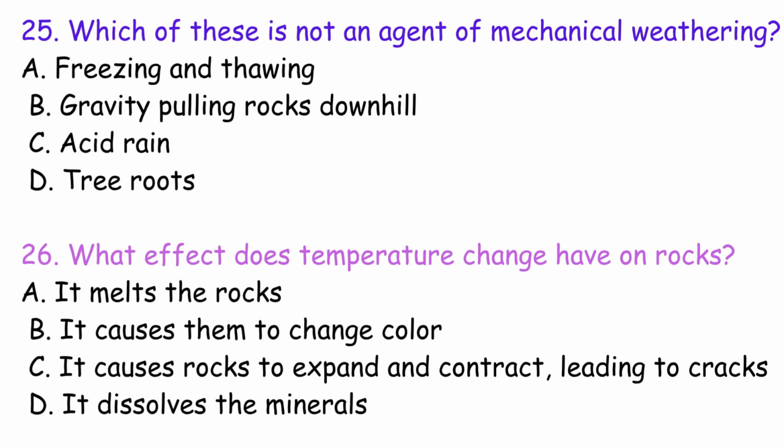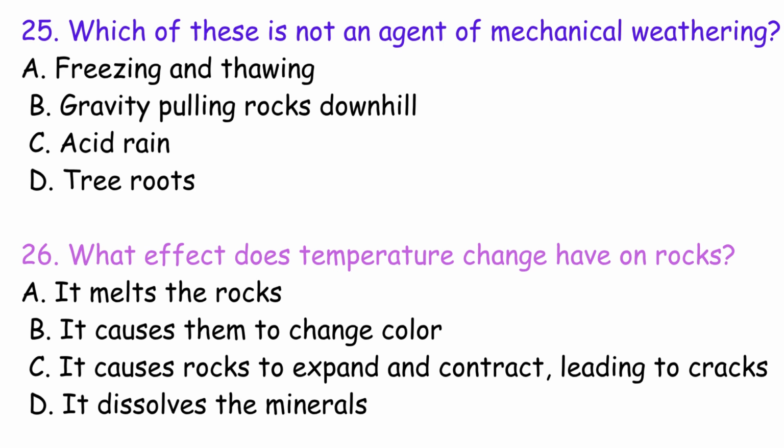25. Which of these is not an agent of mechanical weathering? A. Freezing and thawing. B. Gravity pulling rocks downhill. C. Acid rain. D. Tree roots. 26. What effect does temperature change have on rocks? A. It melts the rocks. B. It causes them to change color.